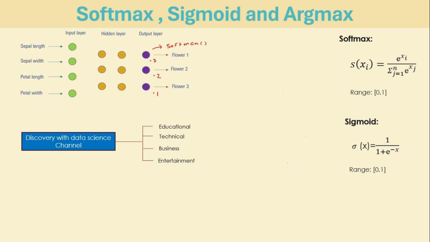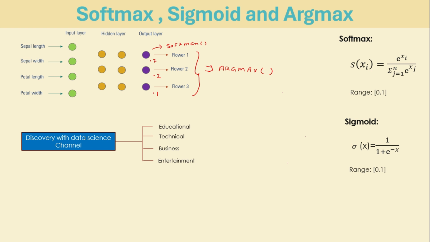But mathematically, how am I going to do it? I will take this output as a vector and feed it to the Argmax function. What will the Argmax function do? It will give the index of the maximum value.